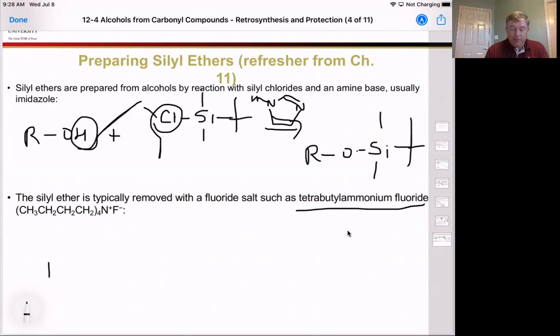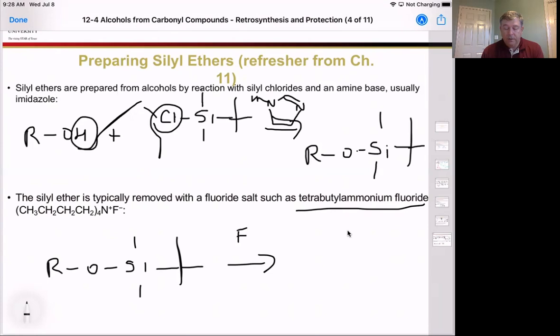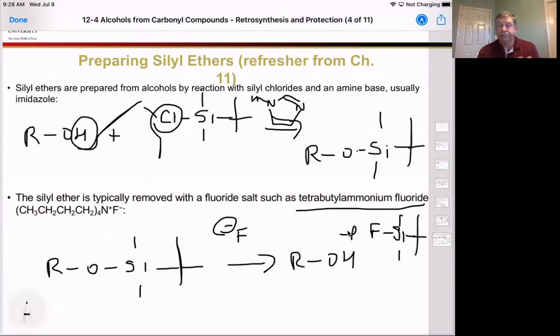And the way that works is we take our silicon reagent here and we just put it in a typical solvent with our fluoride ion in it, and what we end up with is generating our alcohol plus our fluorine-silicon bond that we can get rid of.